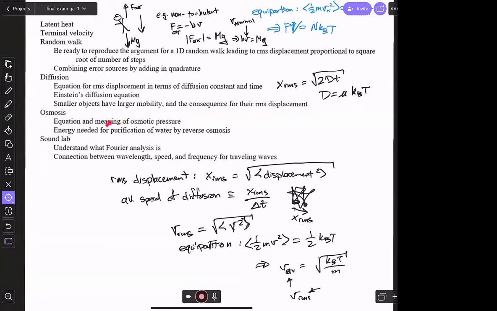Osmosis: the equation for osmotic pressure and the meaning of it. The energy needed for purification of water by reverse osmosis. There are two equations for osmotic pressure, right? The one with the density and the one with nRT? Yes, sort of. So this is the one that's more important, that the osmotic pressure is that.